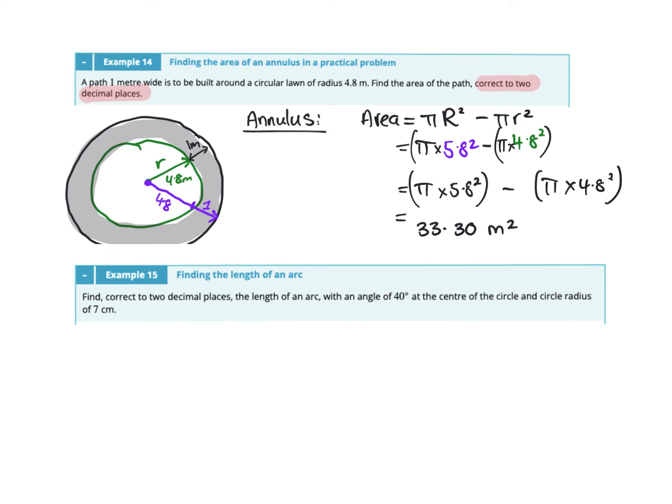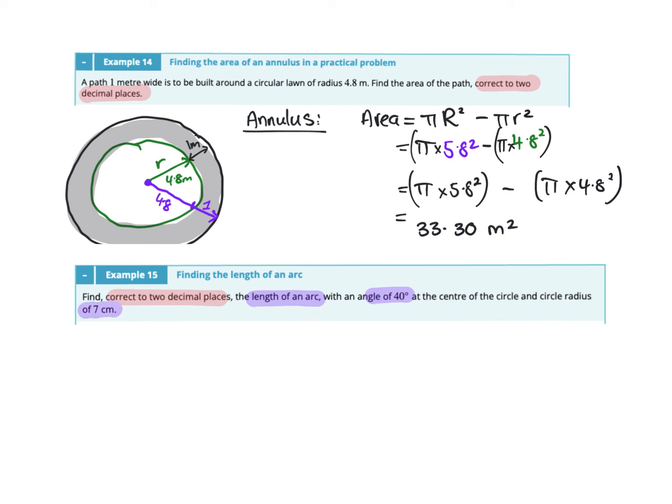Okay, find, correct to 2 decimal places, the length of an arc with an angle of 40 degrees at the centre of the circle and a circle radius of 7 centimetres.